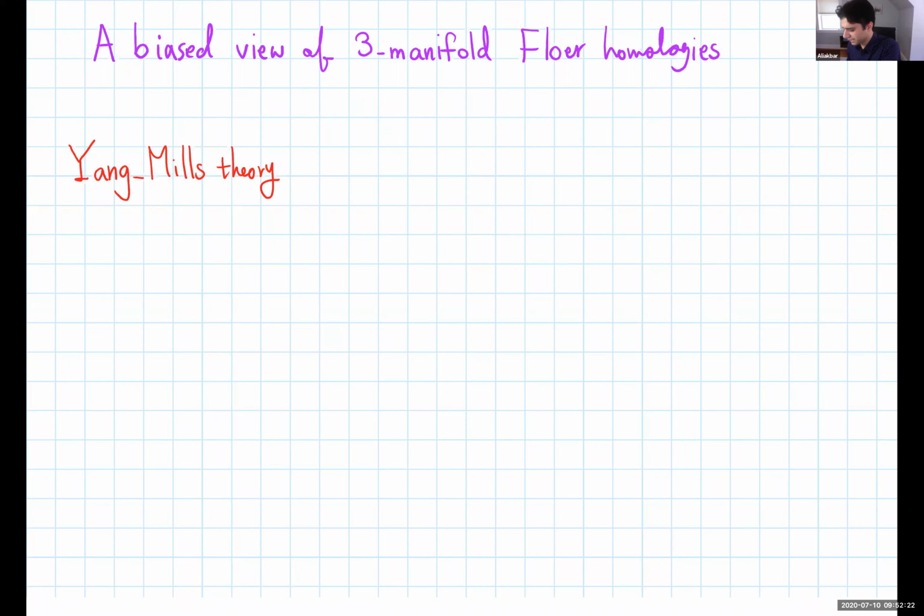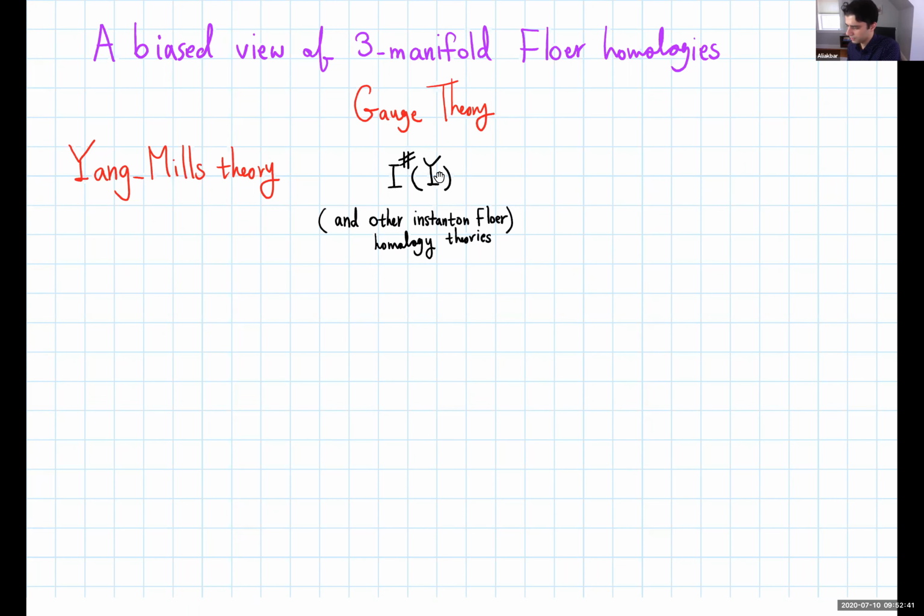Okay, so I'm just gonna, very quickly, give a very biased review of three manifold Floer homologies here. Using Yang-Mills theory, on the gauge theory side, you have invariants like framed Floer homology, but also some other invariants, the general name for them being instanton Floer homology theories.